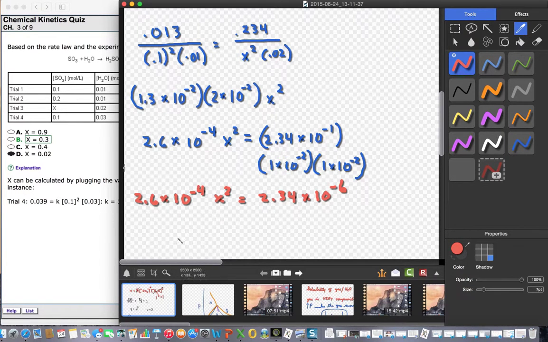I can divide both sides and then take the square root. Now 2.34 divided by 2.6 is going to be about 0.9 times 10 to the minus 2.